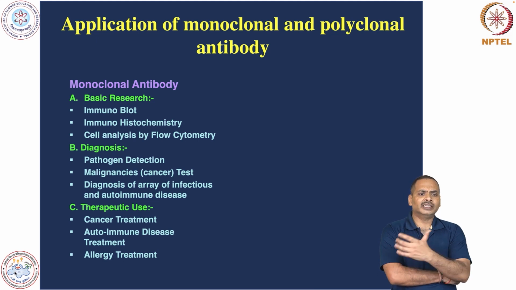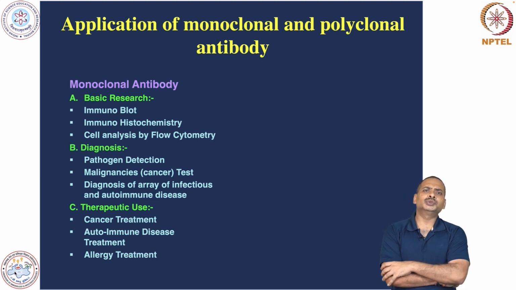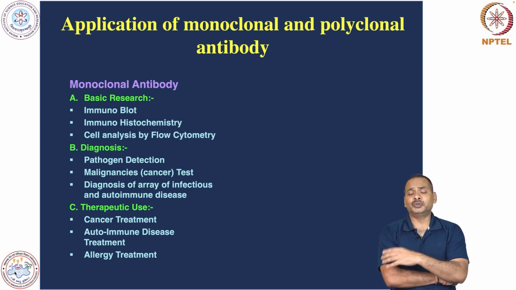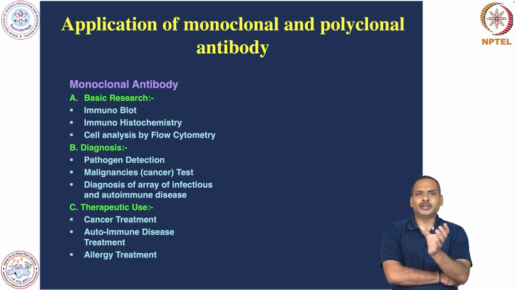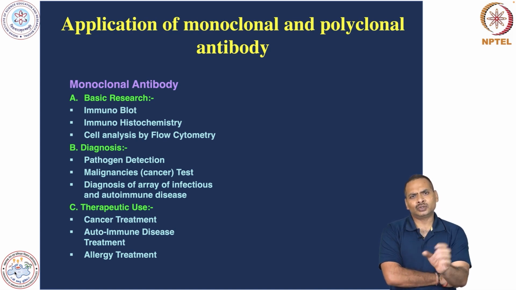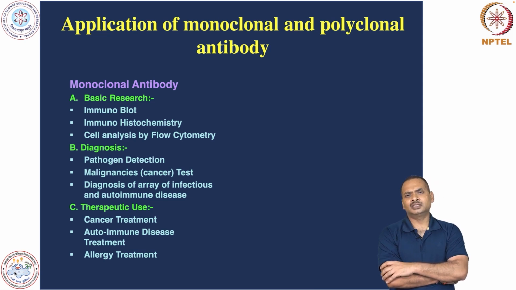And many monoclonal antibodies are used in therapeutics. We call them mAbs, or biologics. They are a quite emerging therapeutic agent, also known as biosimilars. They can be used for autoimmune disease treatment, allergy treatment, and so on.